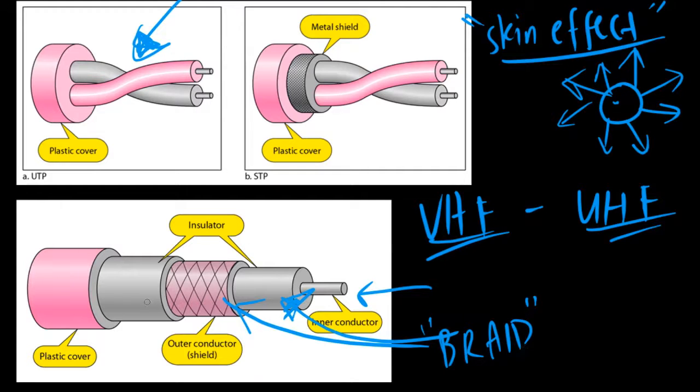And then there's another outer insulator, which should be made of the same dielectric. So again, you have polyethylene, polystyrene, you have Teflon, and then sometimes you have air. And then after that, you have another plastic covering. So this makes sure nga skin effect is lessened. Yeah, skin effect is lessened.